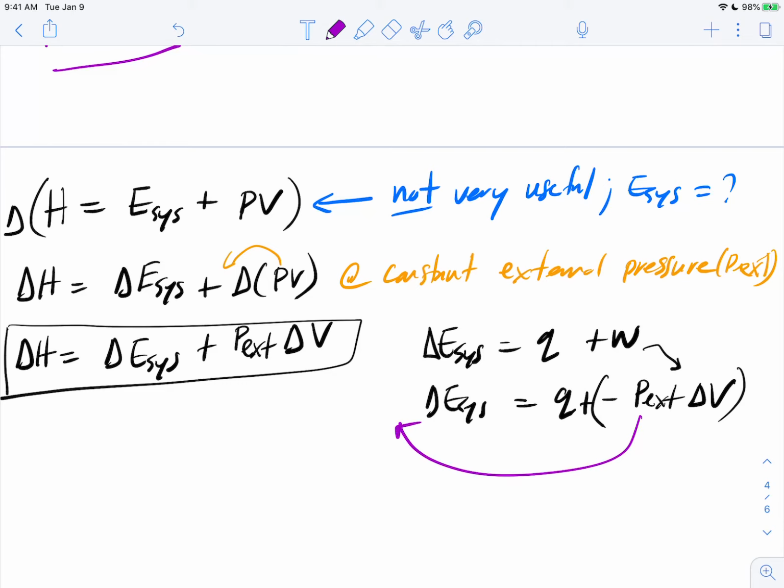Then we get the second expression, which is Q is equal to delta E system plus P external delta V. So we just move it over.